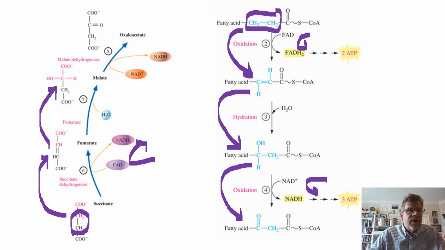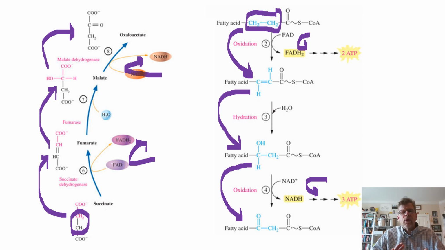Over on the left-hand side, that alcohol is oxidized to a carbonyl, driving the formation of one NADH. It is literally identical, and that's the most important component of the citric acid cycle. It happens to be the exact same series of reactions, almost, at least in principle, as in beta oxidation.